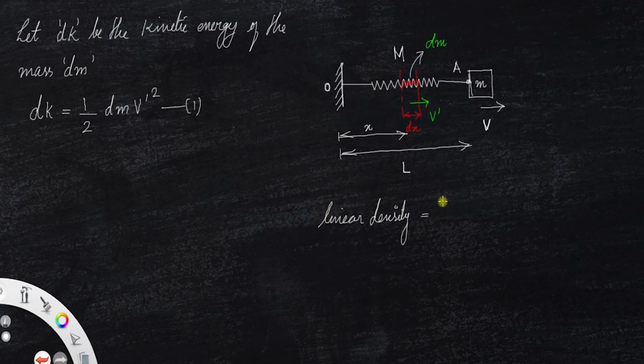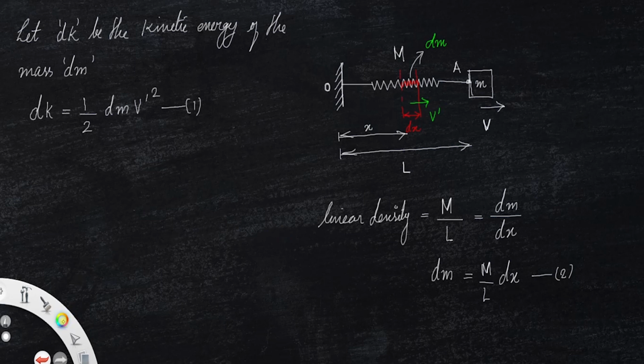So the mass per unit length of this spring is the same everywhere. So you can write the mass of the spring by its length is equal to the mass of this small section by its length. Since at every point mass per unit length is the same, you can write dm is equal to m divided by L into dx. Call that equation number 2.